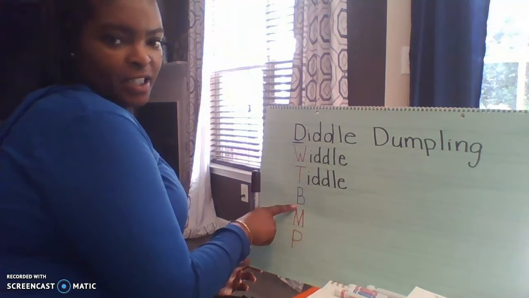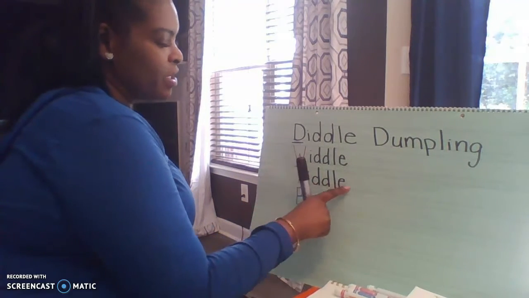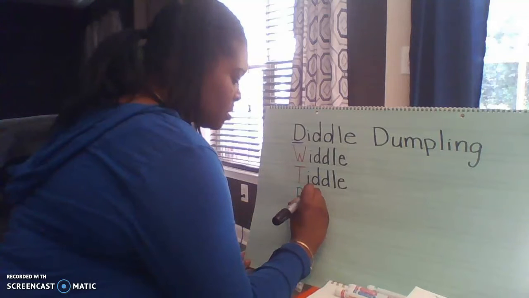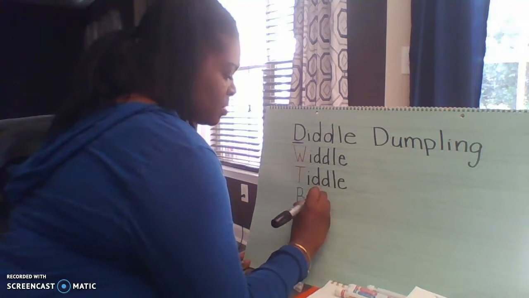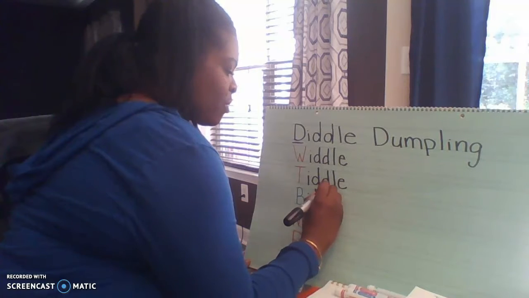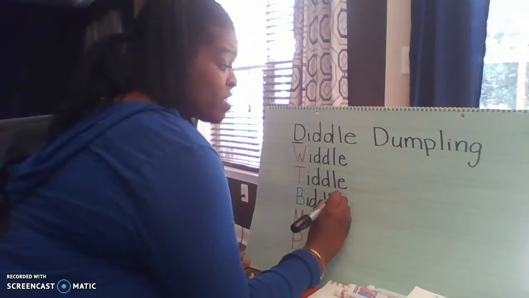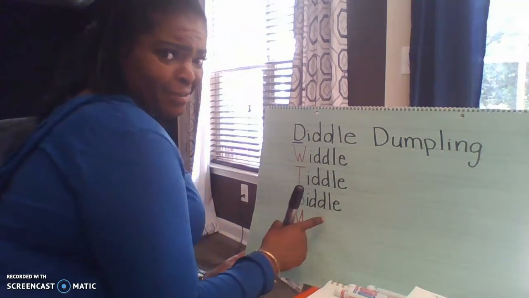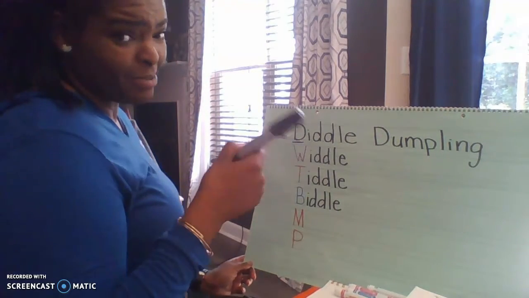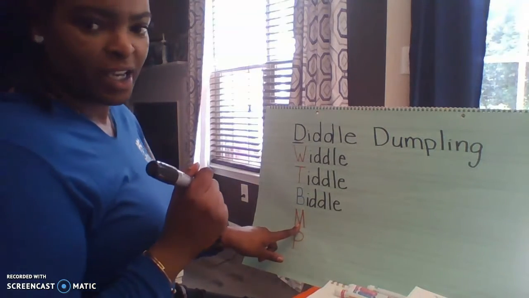And this is the letter B. And if I put iddle to B, that says biddle. Guess what, friends? We're rhyming, and we're also reading and writing. Look at you. You're ready for kindergarten. You can practice this by yourself, you know. That's the sound.